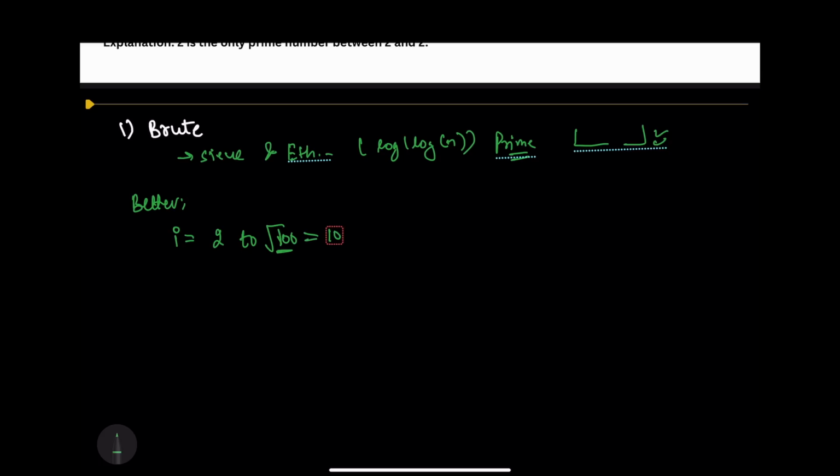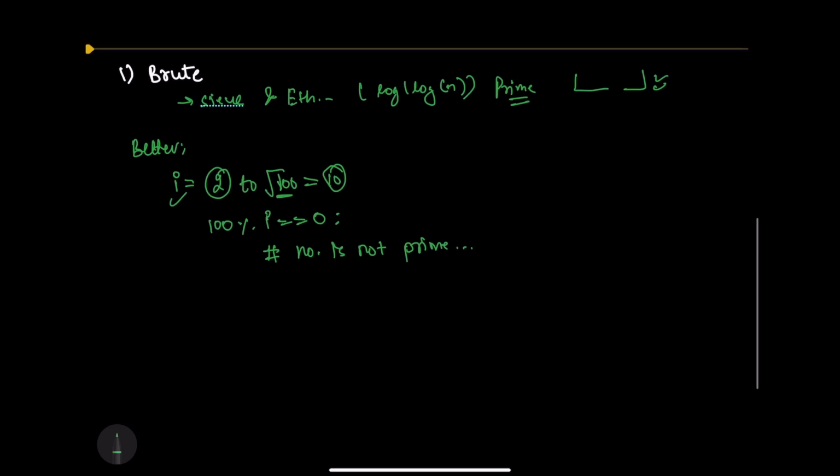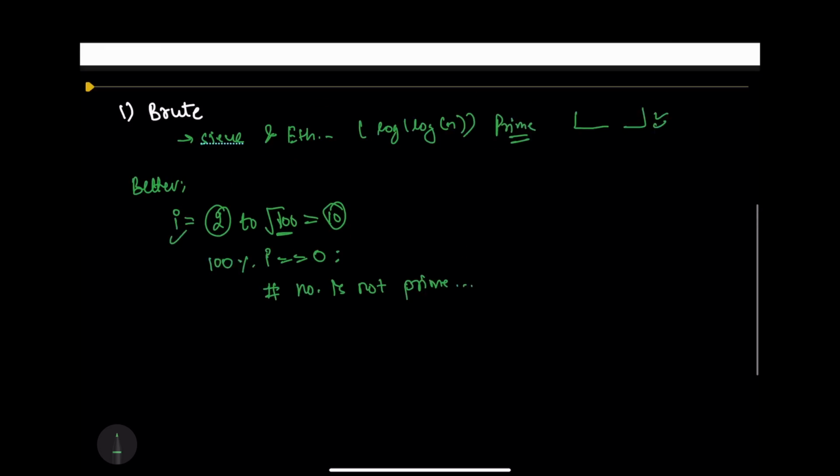You just need to start your loop from 2 and end it at 10. If anytime, let's say your n value is 100, any of the i values is able to divide your number fully, which means that particular number is not prime. That is a very simple approach that you can totally use, and the answer would be very easy.